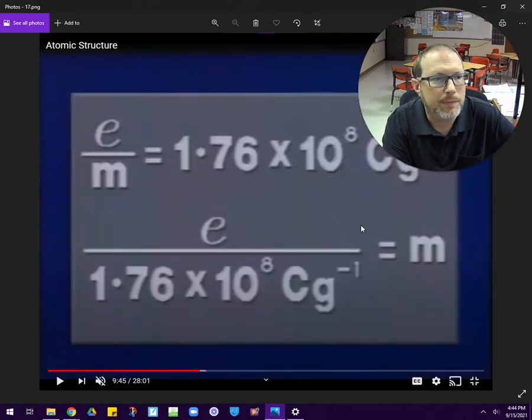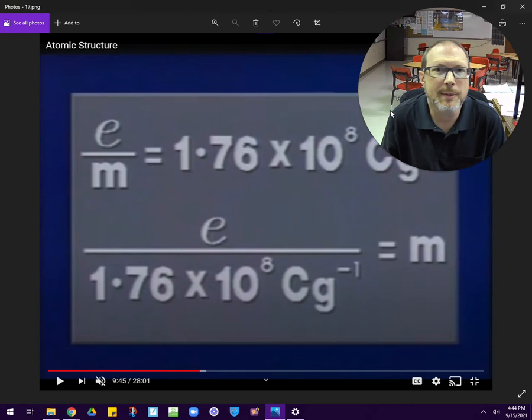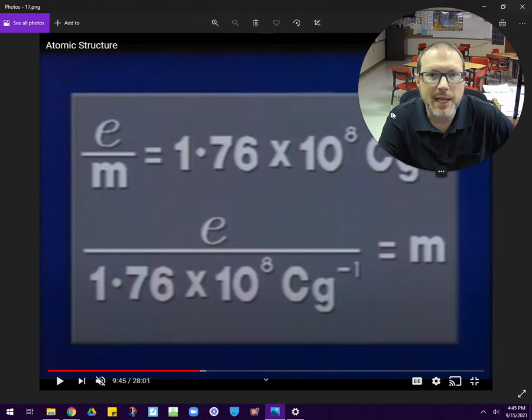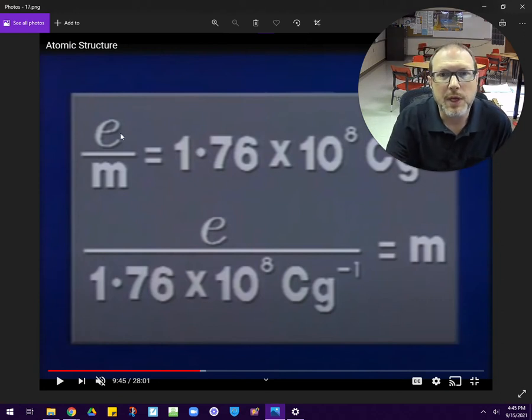A really clever gentleman by the name of Joseph John Thompson, who we'll be talking about some more here in just a minute, went on to discover that these cathode rays actually exist in all known substances. He found them in all kinds of gases, for instance. Then, using experiments with different substances and cathode rays, he was able to measure the charge to mass ratio.